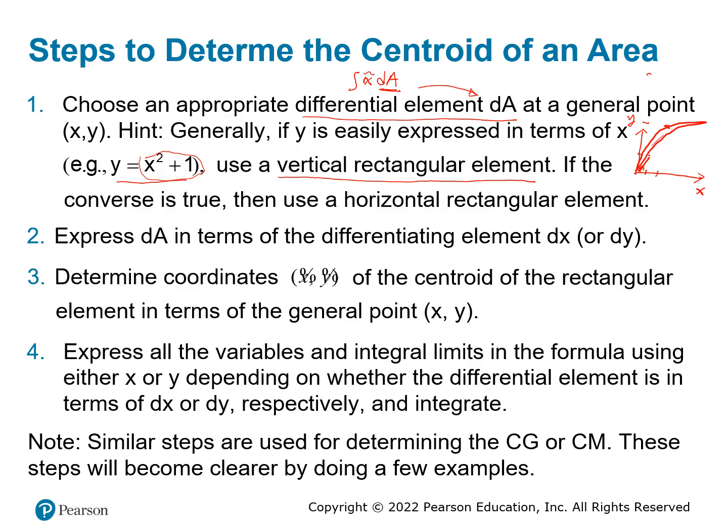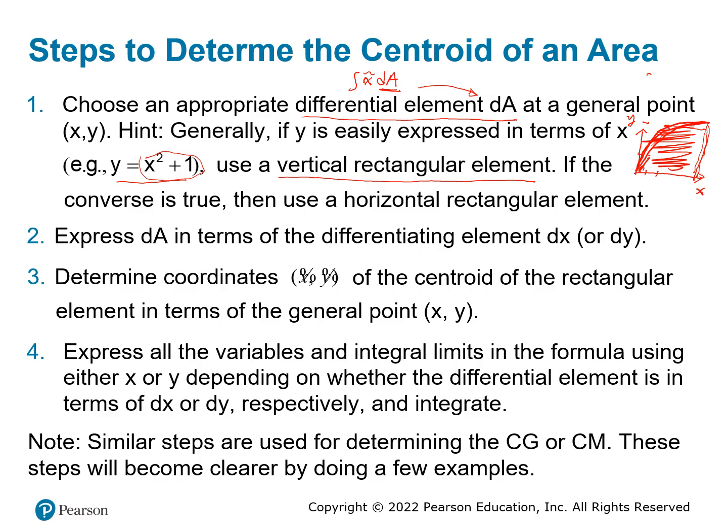If the shape that we want to define the centroid of is this shape, and one of the sides is going this way, and you want to find the centroid location, you want to find a dA. This dA depends on how you define the area.